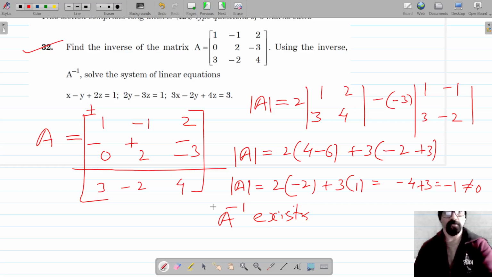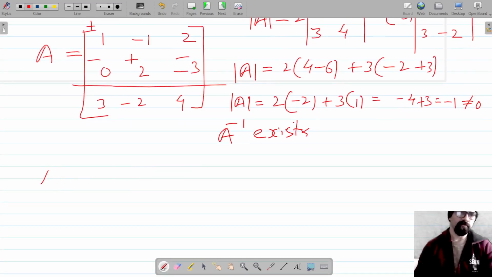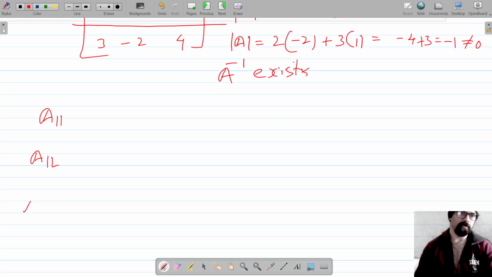Now let's find the adjoint of A. To find it, let's find the cofactors A11, A12, A13. Since 1 plus 1 is 2, which is even, the sign is positive, then negative, then positive.